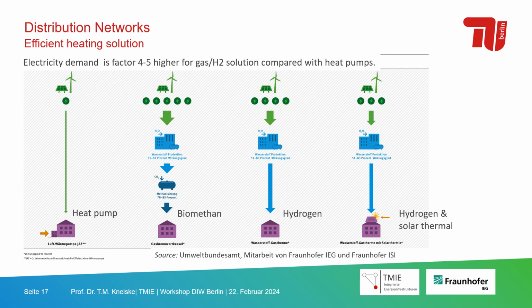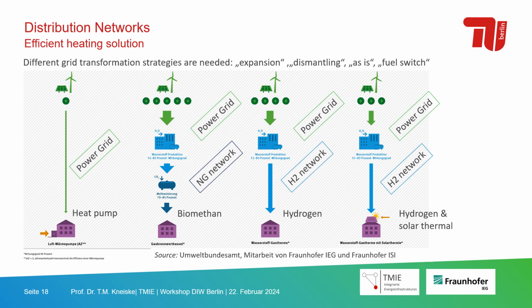Should it be based on electricity, including a heat pump, on biomethane, or maybe on hydrogen? Depending on the choice, we need to plan the network transformation. Maybe it is an expansion of power grids because of the new heat pumps, or a new infrastructure for the production of biomethane. Or maybe it's a repurposing of the natural gas network towards a hydrogen network.